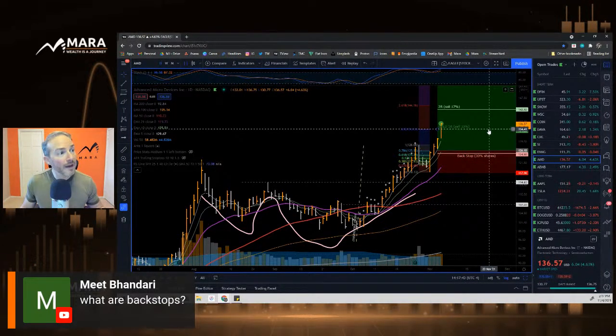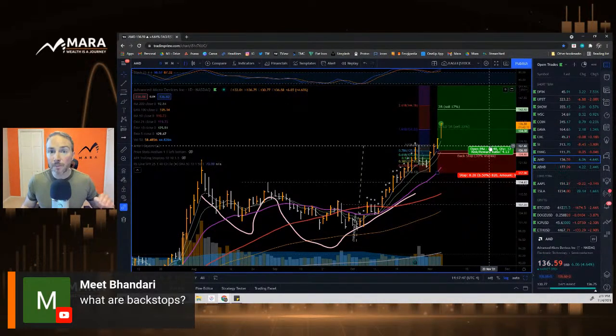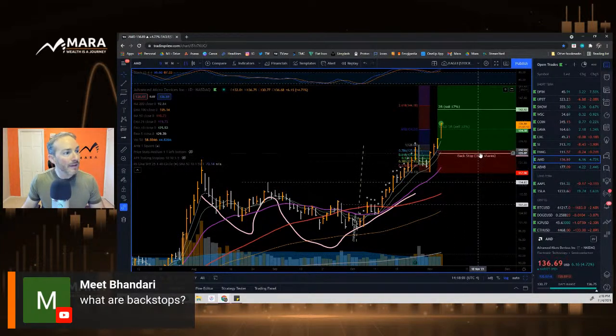And also, when I make one times my risk, I also like to move a portion of what I'm calling a backstop up, right? So that way I'm locking in more profit without selling anything or taking more money off the table. So I raised a portion of it, and I'm calling this a backstop.